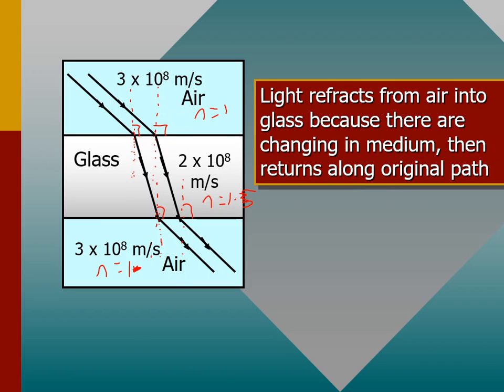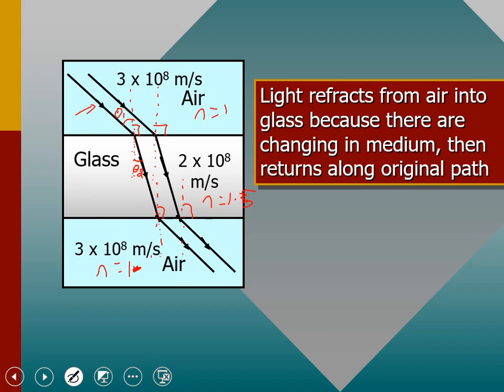First of all, since the light is traveling from lower index to higher index, which is n equals 1.5, the light will deviate toward the normal, as it's shown here. Here the angle of refraction, which is theta 2, decreased. And here you have the angle of incidence, which is theta 1.